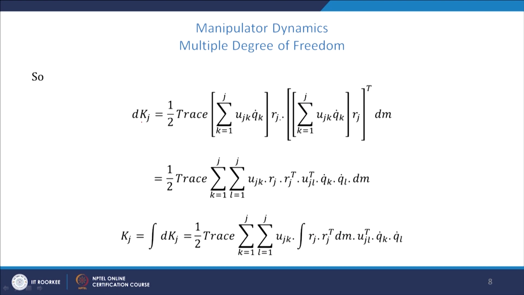So, the kinetic energy of the small element dK is half into the trace of Vj, this whole thing, and then its transpose Vj transpose.